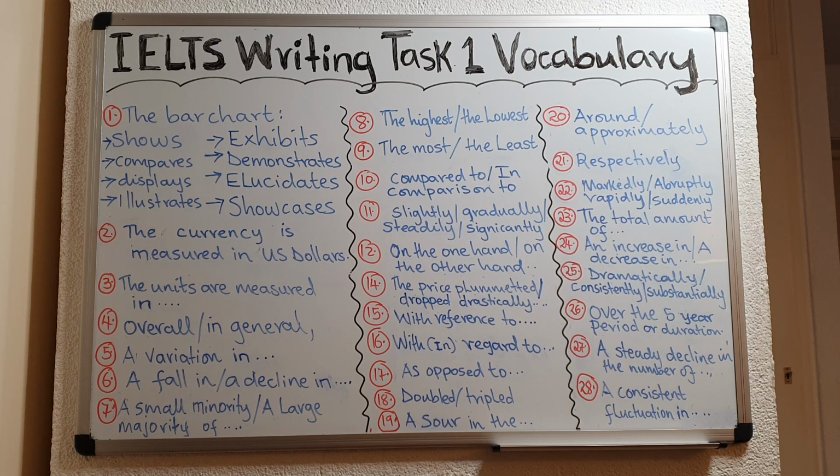The bar chart exhibits how many children were vaccinated against tuberculosis between 2007 and 2008 in the United States.